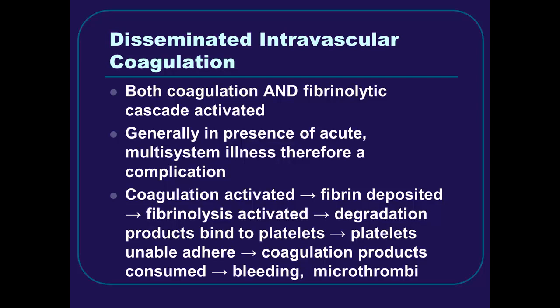Now, there is actually both an acute and chronic form of this disorder. However, the acute form is much more common, and in the acute form, the bleeding part of the disorder predominates. In the chronic, less common form of the disorder, the thrombosis characteristics tend to predominate.